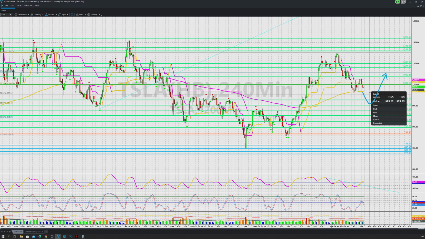Here. You want to see it below, because it can just pin up and then bounce up, and the longer term supertrend didn't become bearish, and the price is above the 200.